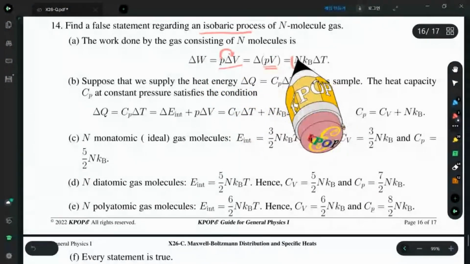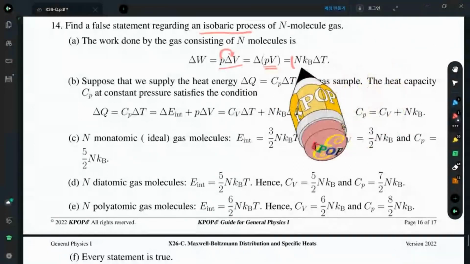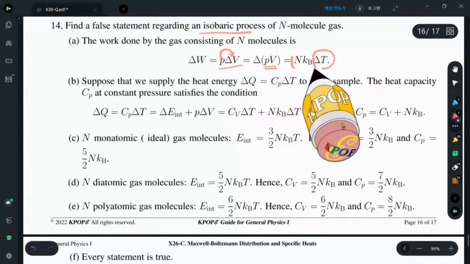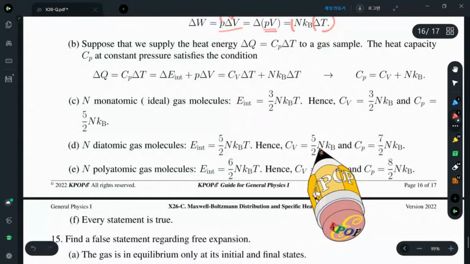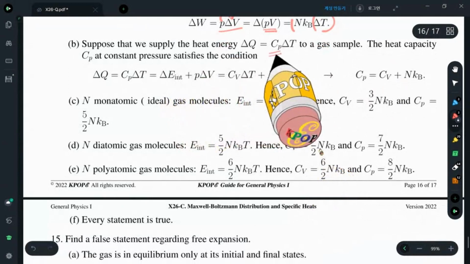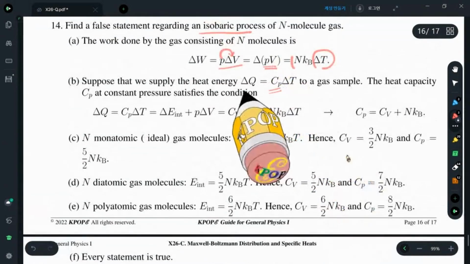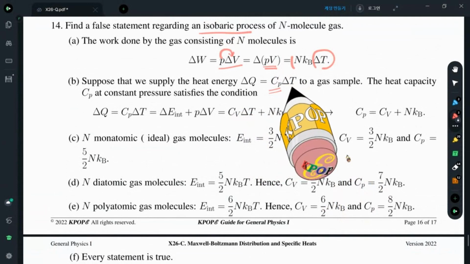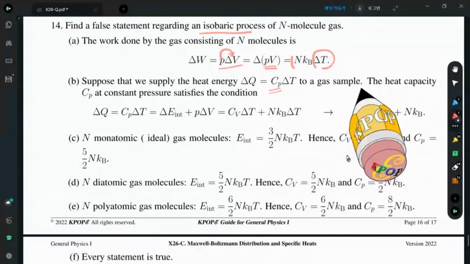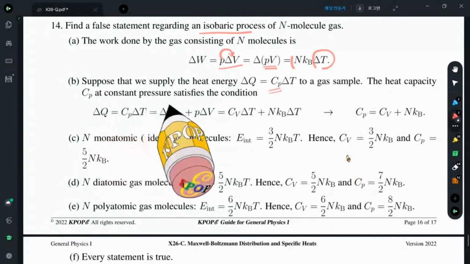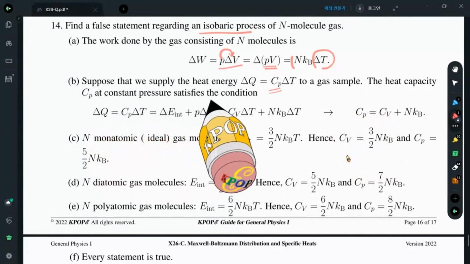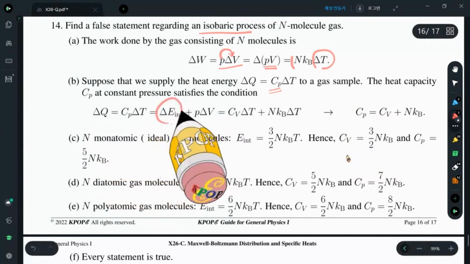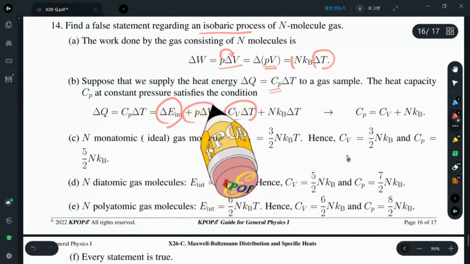PV is always NkBT, and NkB is a constant, so it is replaced with NkB delta T. At constant pressure, the heat given to a gas sample is Cp delta T. The heat capacity Cp at constant pressure satisfies this condition: delta Q is Cp delta T, and this is Cv delta T plus PdV.